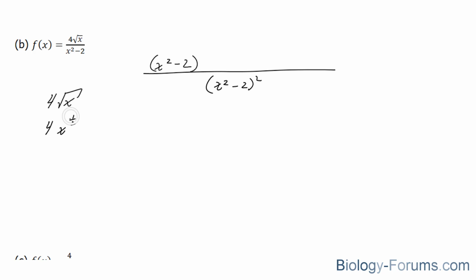And we're going to use the power rule here. We're going to bring this down. 4 times half, x to the power of 1 over 2 minus 1. 4 times half is 2. This subtracted is equal to negative 1 over 2. And that is equal to 2 over x to the power of 1 over 2, or the square root of x. We're going to place that right here.